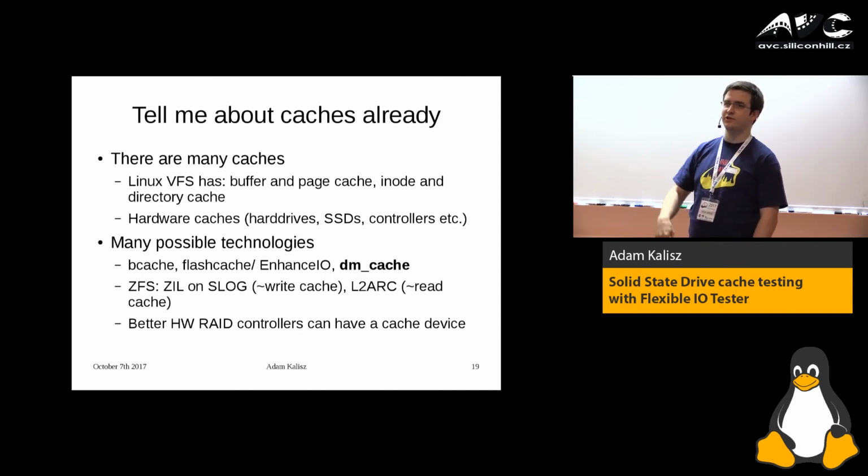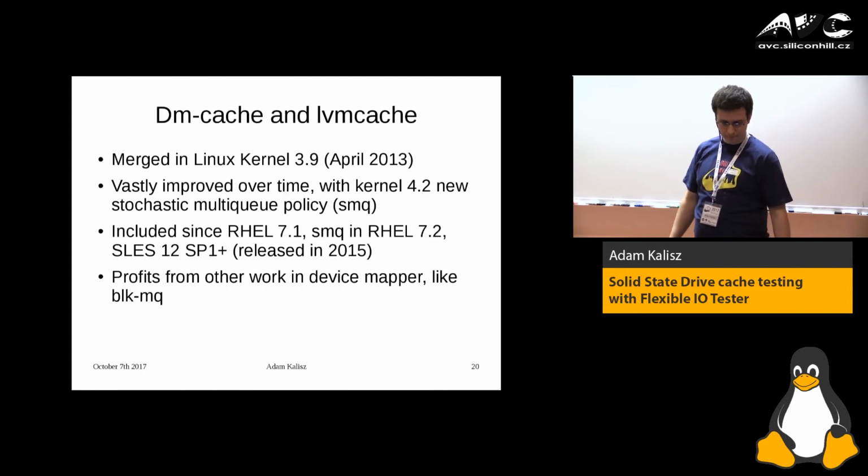It's an evict cache, so everything that gets evicted from RAM goes to the second level device. And maybe if you use Windows, you really don't need all this much. You should use your hardware RAID controller and say, okay, there are some SSDs, use them for caching. It will save you some headaches.